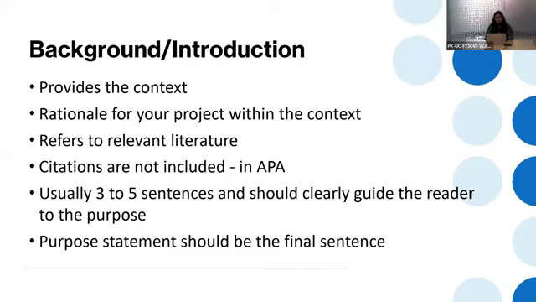And towards the end of these 3 to 5 sentences, you write the purpose of your work, right? So the purpose statement should be the final statement of your introduction or the background. And usually in the background or introduction, you do not cite the references.